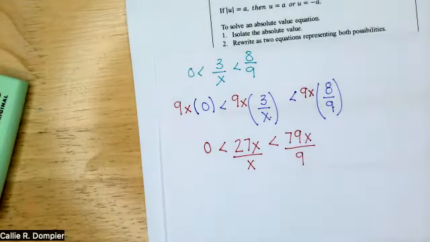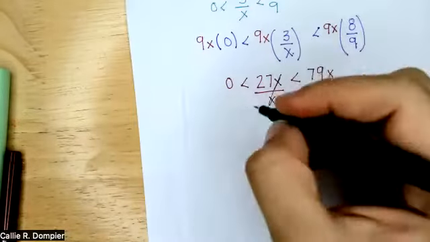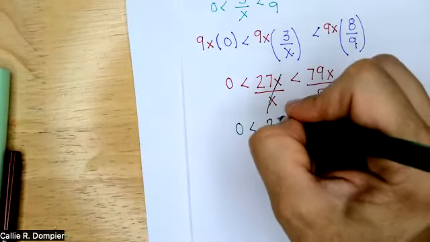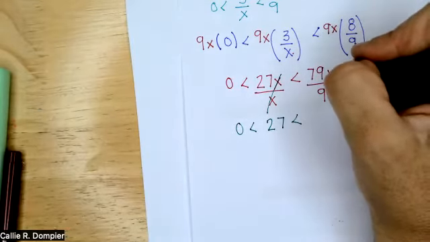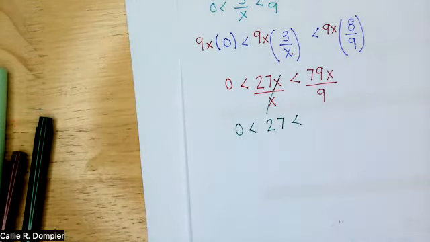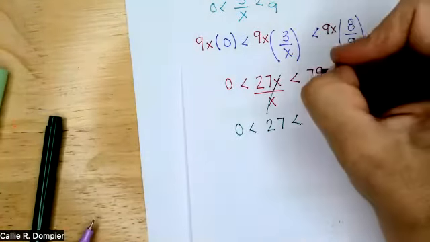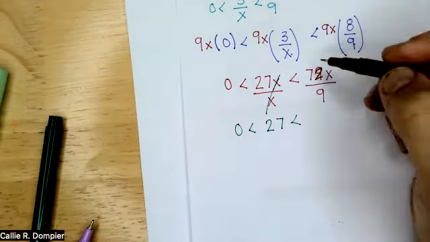All right. Now these cancel, and I just have 0 is less than 27x, which is less than 72x over 9. Sorry, bad math. 9 times 8 is 72.